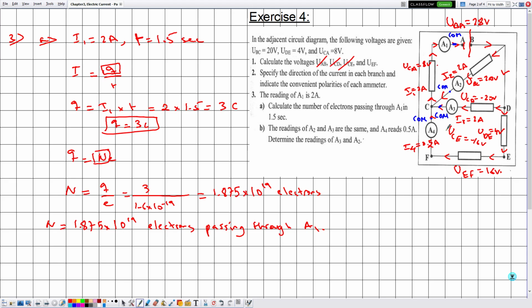So here the question is wrong. Just let me check the question. And A4 reads this. So let me say that A4 is reading I4, which is 0.5 amperes.